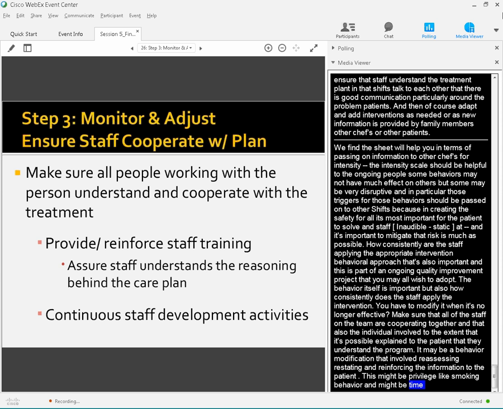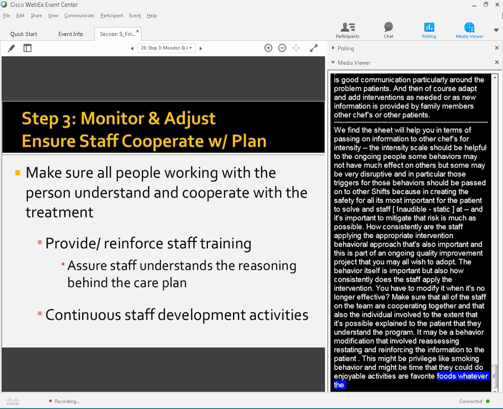This might be privileges such as smoking behavior. It might be time that they can do enjoyable activities. It may be favorite foods. Whatever the treat, whatever the reward, make sure that they understand the reasons for that and be consistent in applying it.